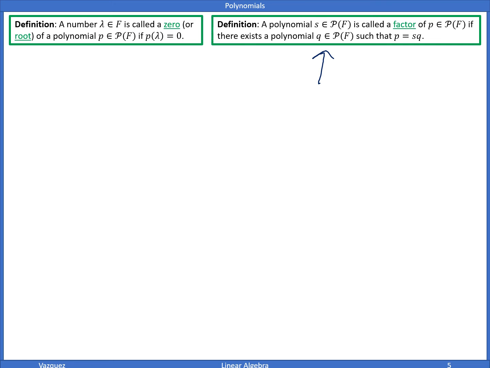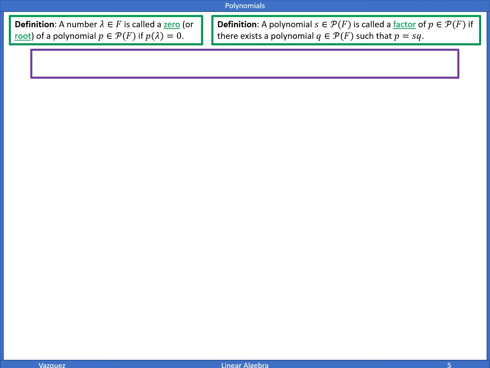It just may sound more complicated than it actually is. So like I said before, if it does help you, go ahead and pause and make sure you understand what the definition is even saying. I'll present an example to show you what the definitions are actually saying.